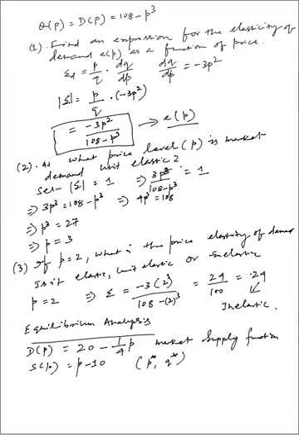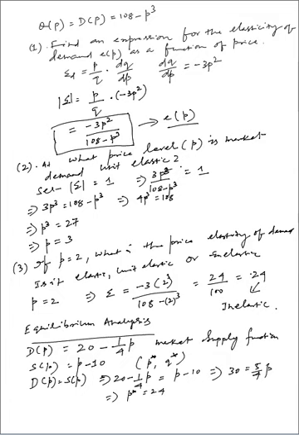You just equate demand equal to supply, that is 20 minus 1 by 4p equals to p minus 10, and that is nothing but 30 equals to 5 by 4p, and P star equals to 24, Q star equals to 14.